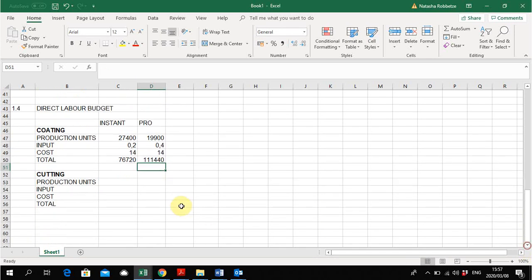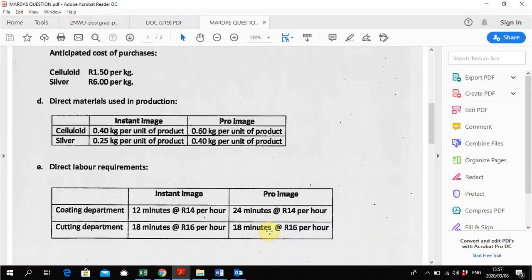Right, I will repeat this for the cutting department. So obviously the production units will remain the same, but I believe that the input is different. If I look at our question, for the cutting department, the instant image takes 18 minutes and the Pro image takes 18 minutes as well, and the cutting department rate is 16 Rand per hour.